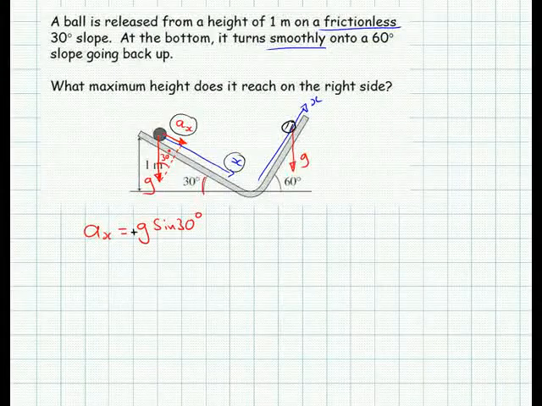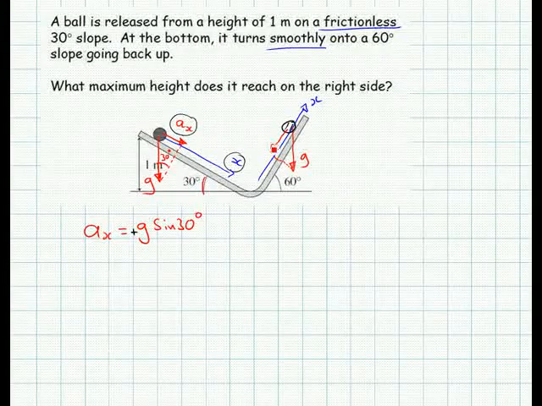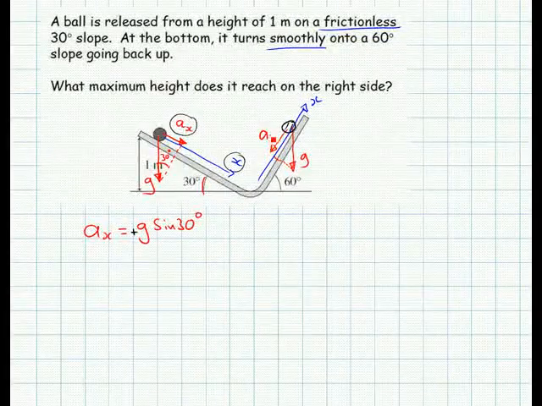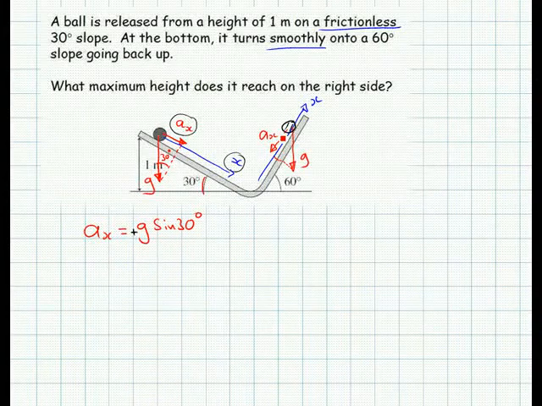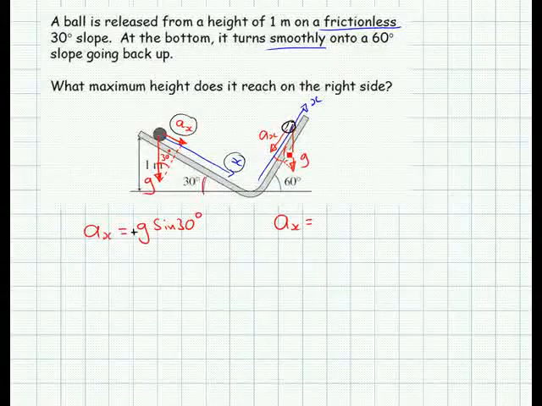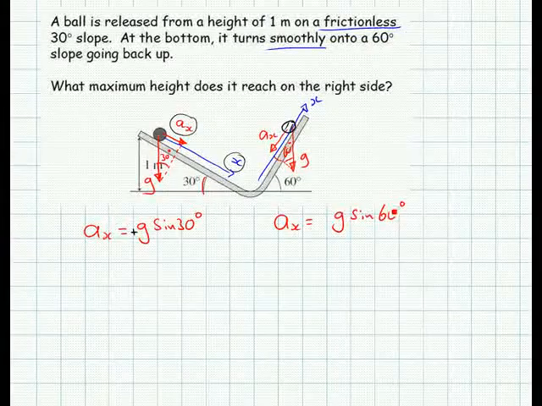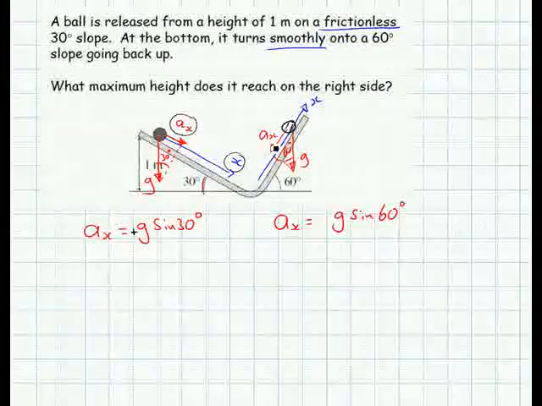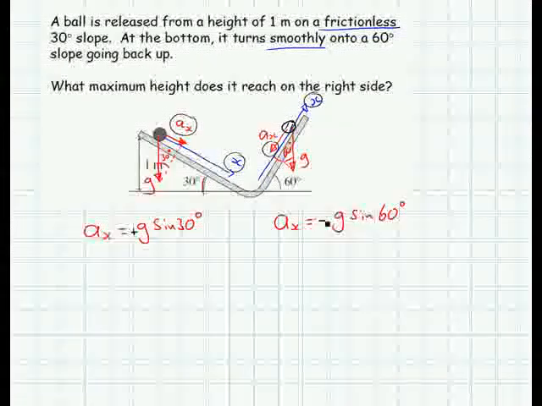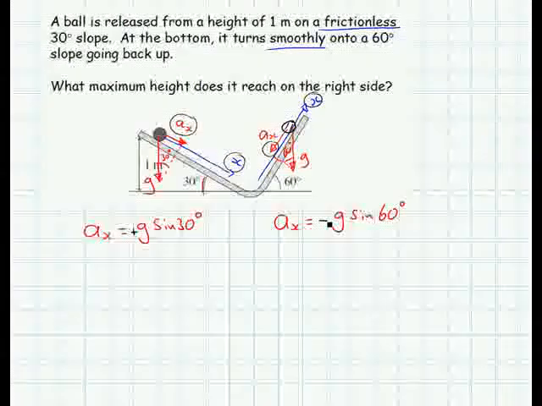In this case the acceleration ax acting on the object is once again the component of g along the axis, and in this case the angle is 60 degrees. ax is equal to g sine of 60 degrees, with one big important difference: ax on the ramp up is pointing away from the positive of the x-axis, therefore it's a negative acceleration, which means that on the way up one would expect the object to slow down.